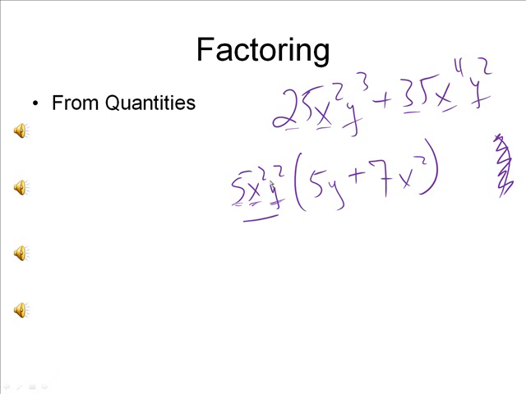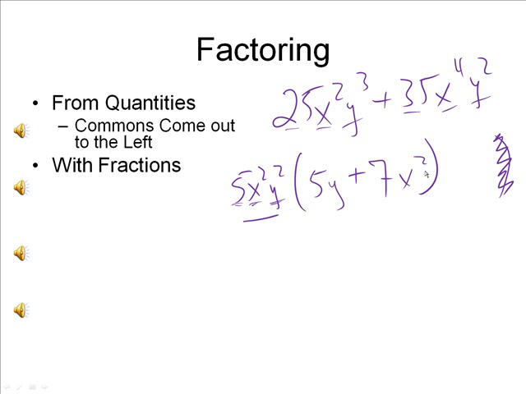Once we determined what the greatest common factor was, 5x squared y squared, we factor it out. We pull it out to the left. Make sure it comes out to the left. Everything that remains goes in parentheses.